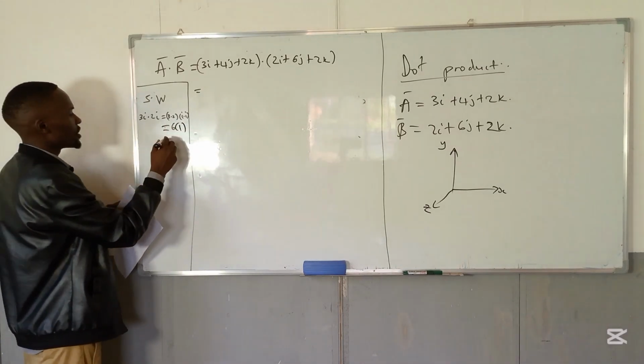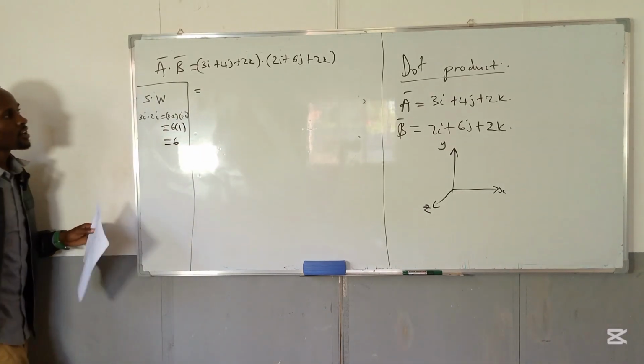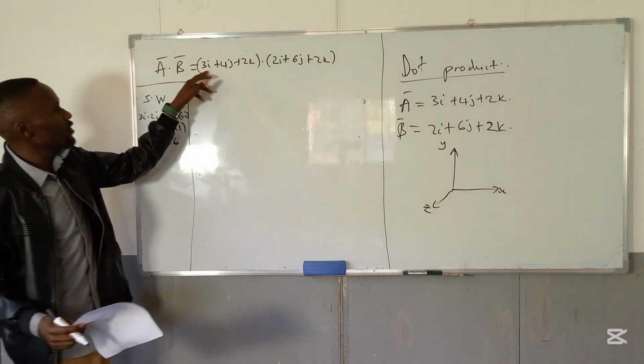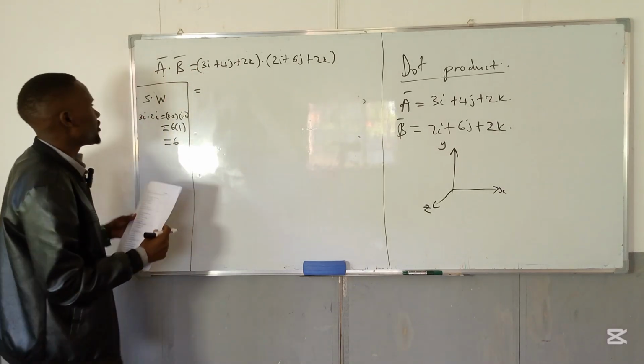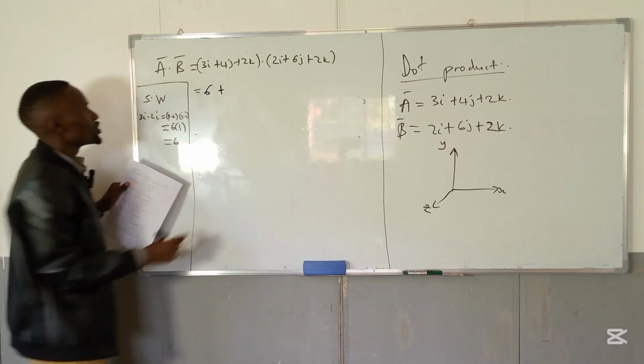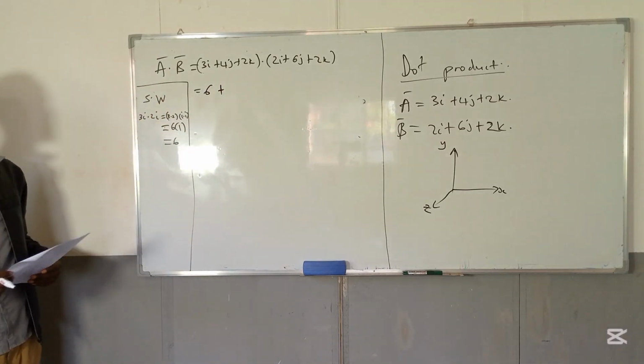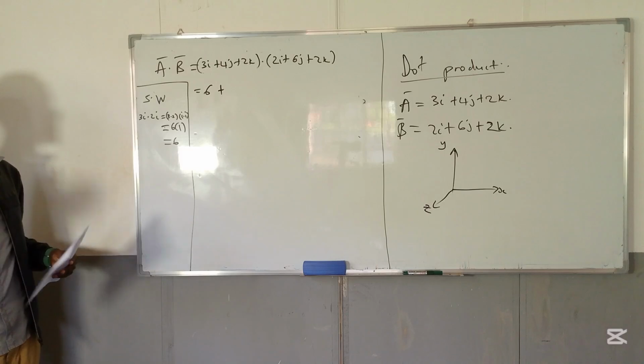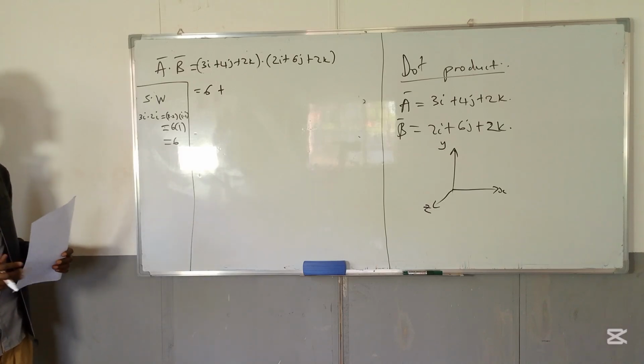Then 6 times 1 is the same as 6. So now from here, 3i dot 2i we shall be having a 6, because if we dot i with i, we shall be remaining with 1, and 6 times 1 is the same as 6.